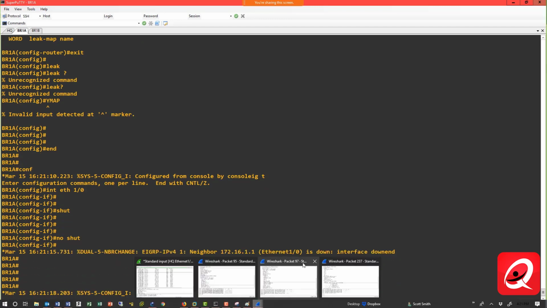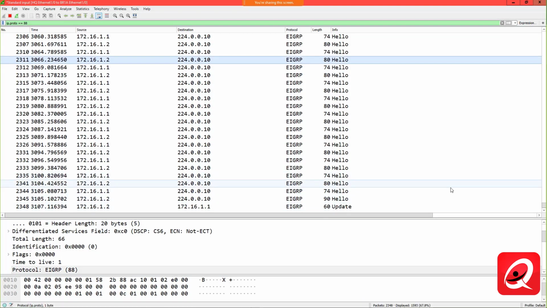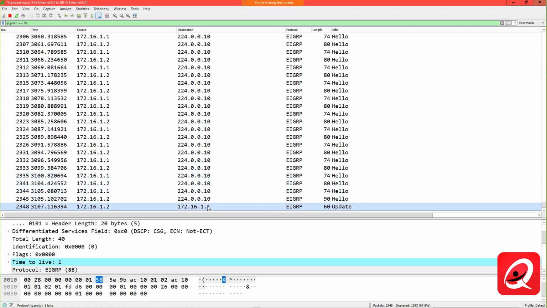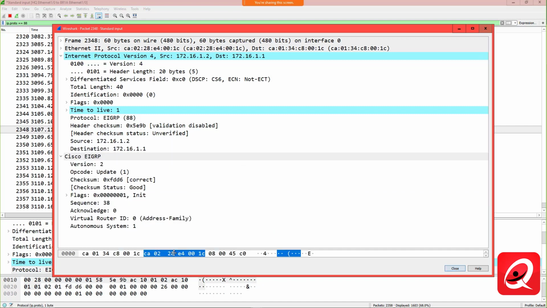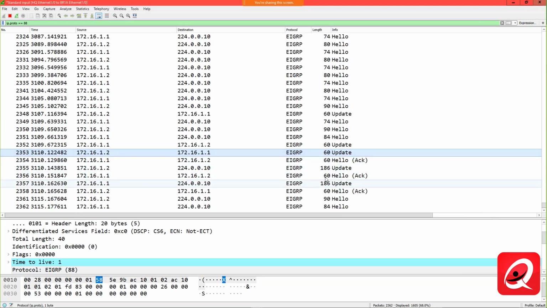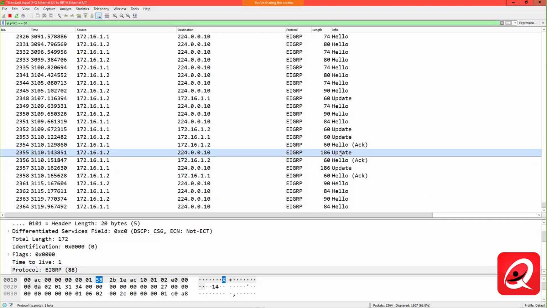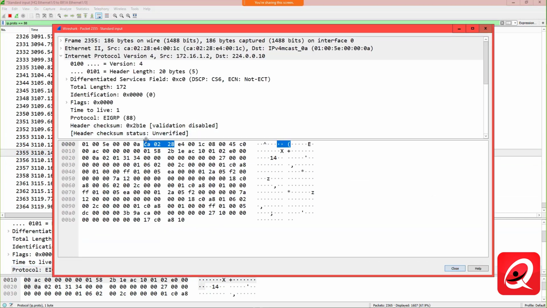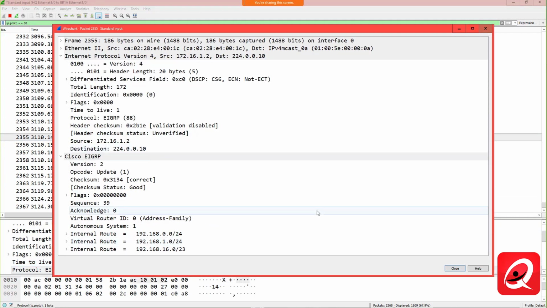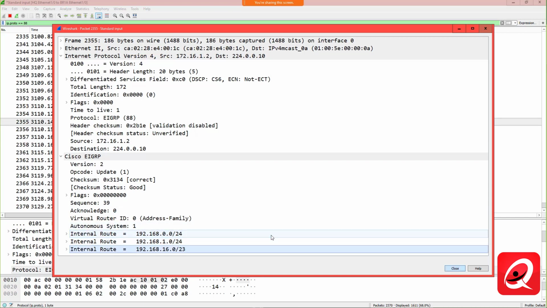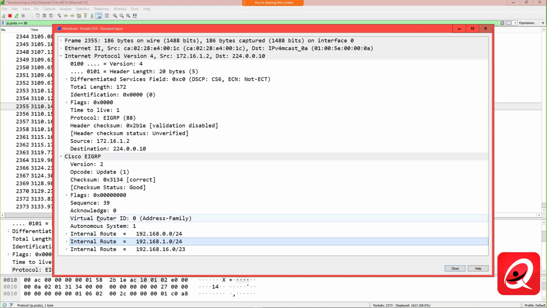And I'm wondering if the update would include some of that routing information. Not seeing it here. Maybe it's going to be in this packet here. Yeah. So it's interesting that it's being advertised. It's not being filtered.